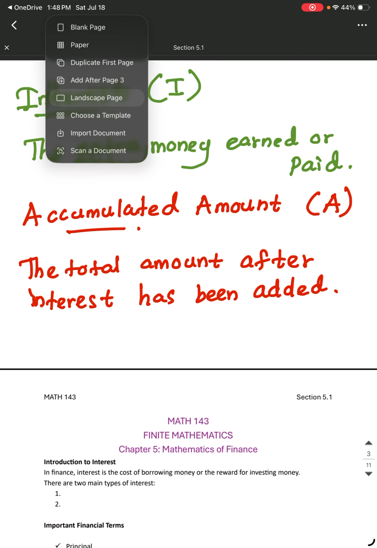Next, the next term is interest rate. For the formulas, we will use the interest rate as lowercase letter r.